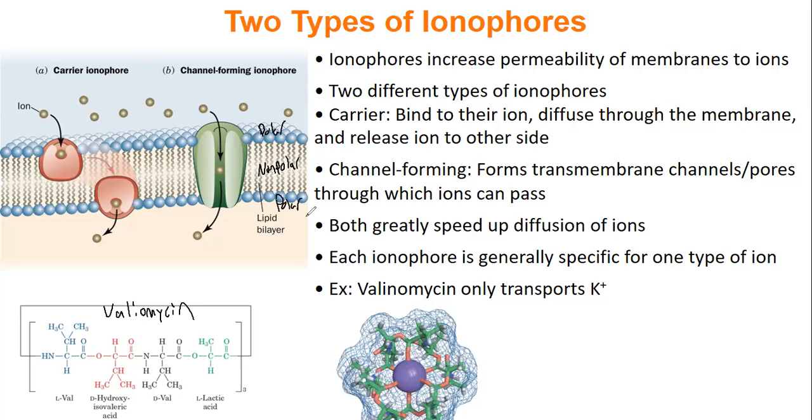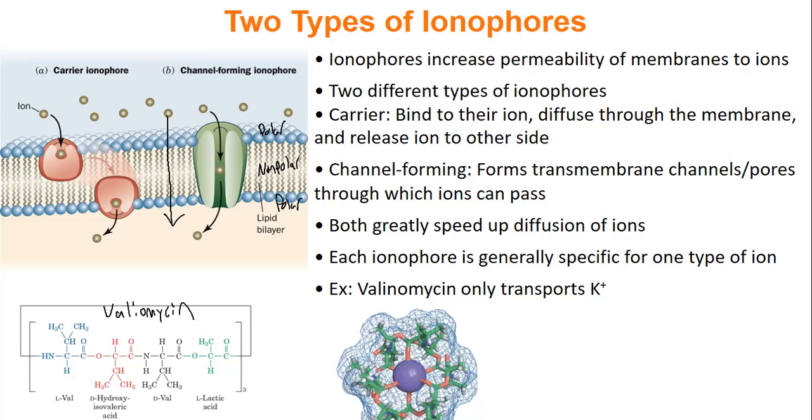So ions can't go through our membranes naturally. They can't diffuse through because they never want to lose the water surrounding them. To go through without any kind of pore, you have to go through desolvation, lose your water. For an ion, the energy is so high for that to happen, it's basically impossible.